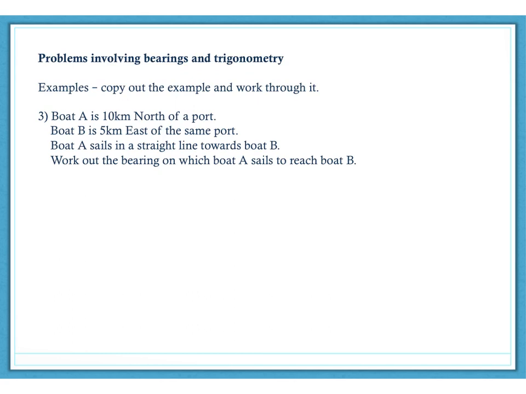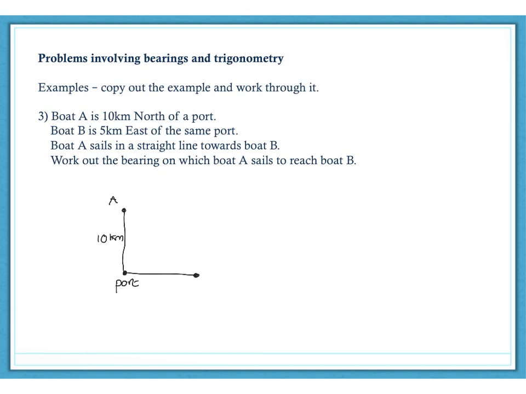Example 3. Boat A is 10 kilometres north of a port. So if this is my port, boat A must be over here in a northerly direction, 10 kilometres north. Boat B is 5 kilometres east of the same port.